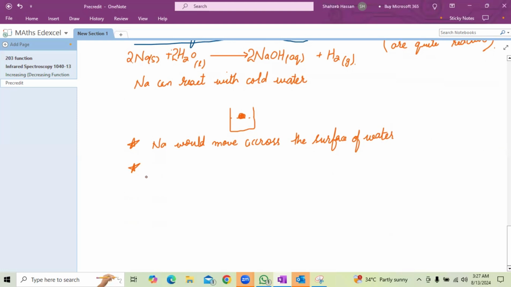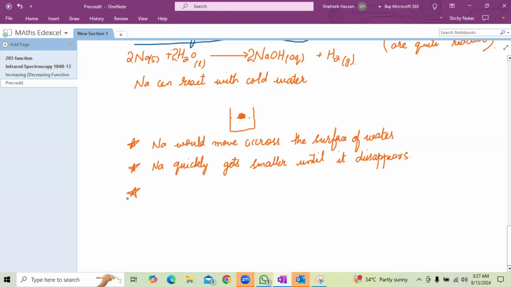Sodium quickly gets smaller in size until it disappears. Is that clear? So it quickly disappears after reacting with water, or you can say it even dissolves in water.